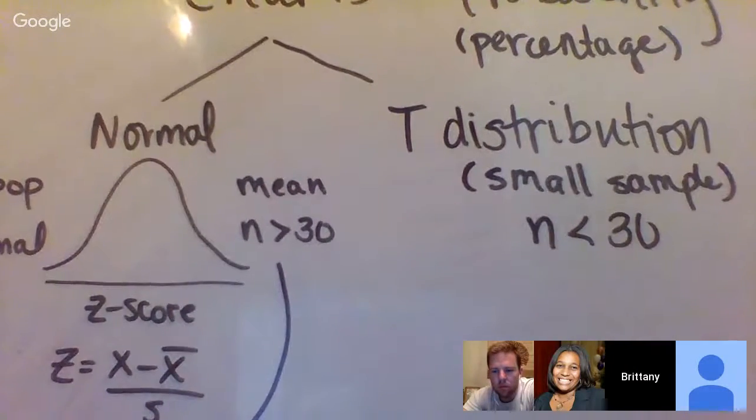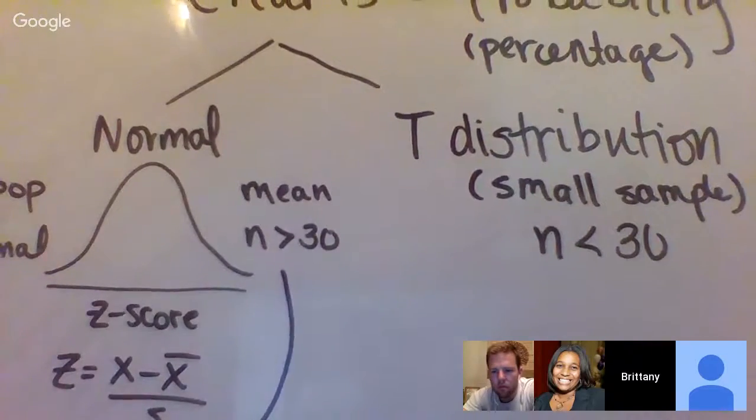except with the T distribution, we have to concern ourselves with what are called degrees of freedom. Without getting into too much detail, the degrees of freedom for an equation is how many free variables you have, so how many variables can you change the value of and determine the absolute solution?